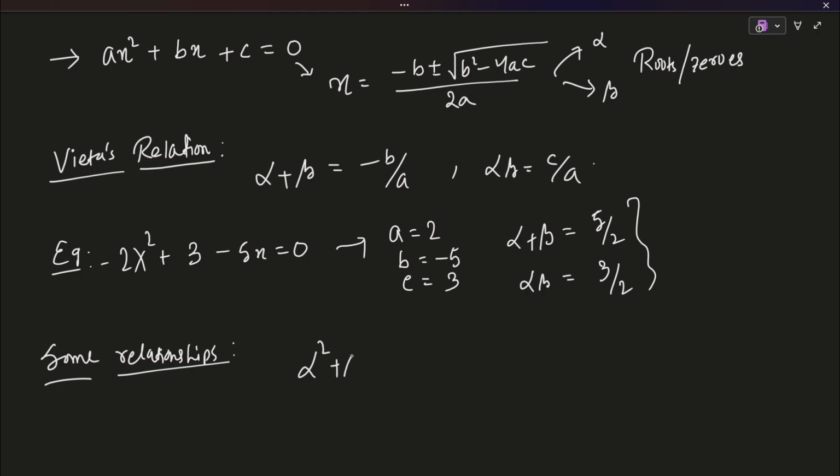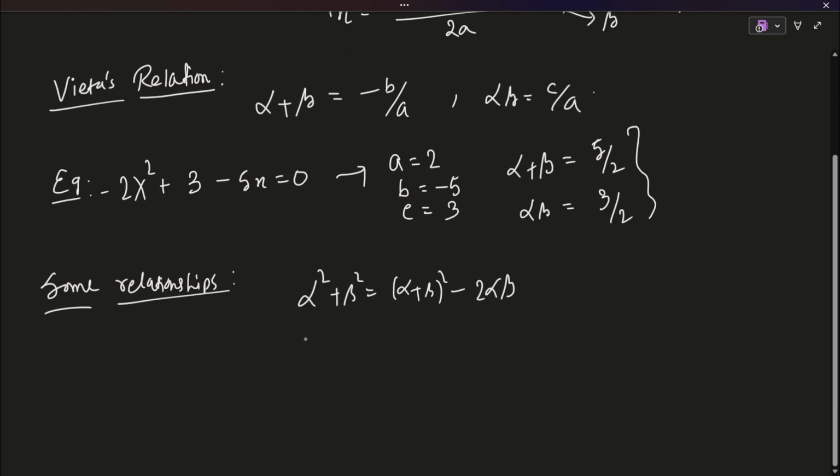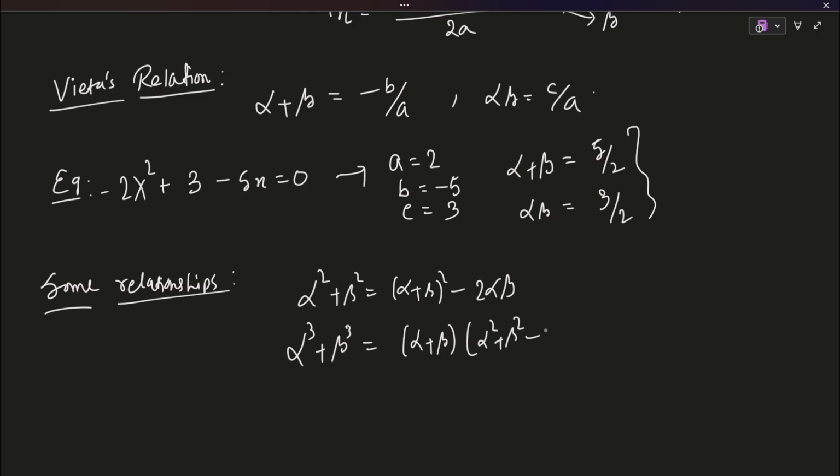So, alpha square plus beta square, this can be found easily as alpha plus beta whole square minus 2 alpha beta. And you know the value of both of these things. Alpha cube plus beta cube can be easily found because this is again alpha plus beta whole into alpha square plus beta square minus alpha beta. And you can again express this like this.